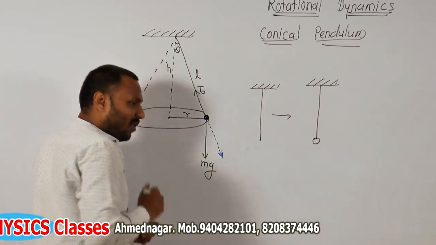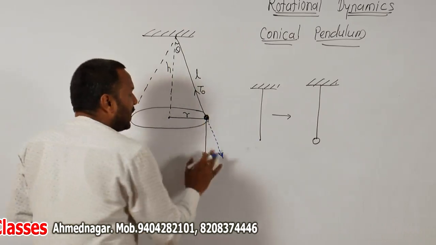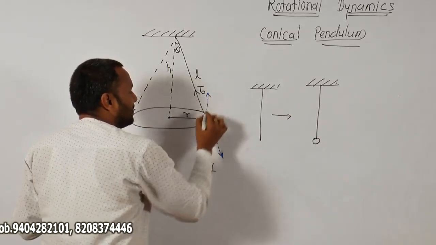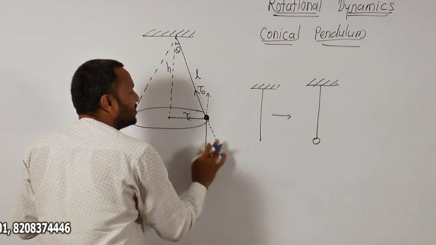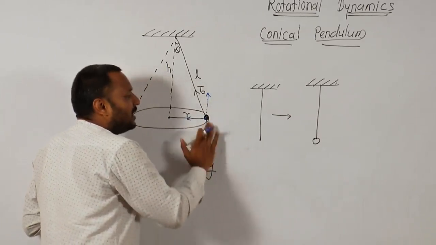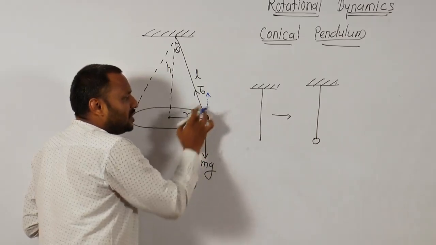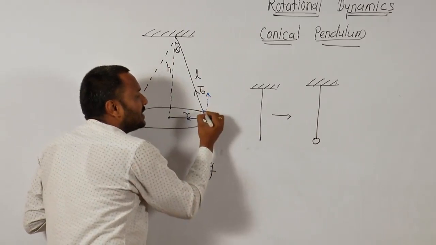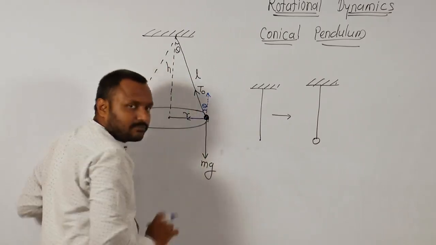Or, for a simpler way, we can also resolve the tension into two components. The simpler or better way is to resolve the tension into two components. This angle is theta, then we can say that this angle is also theta.